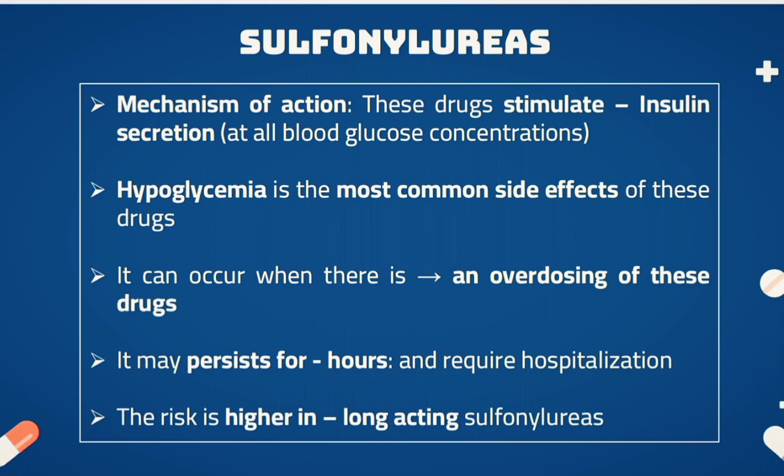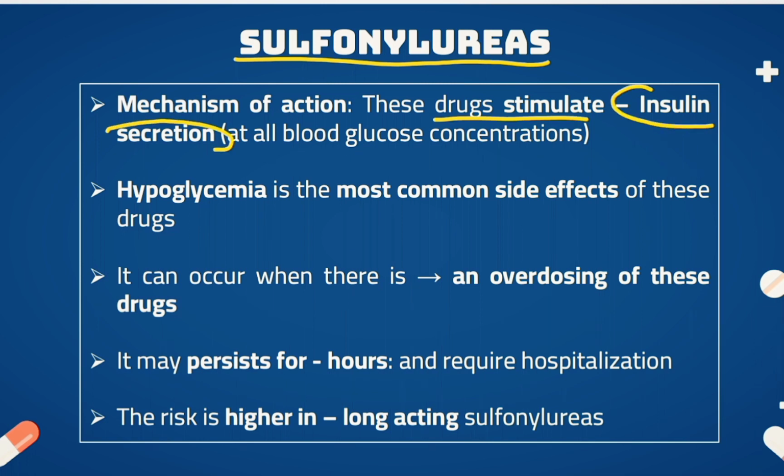Let's discuss the condition of hypoglycemia with sulfonylurea drugs. What is the mechanism of action of this drug? These drugs stimulate insulin secretion, and this insulin secretion takes place at any blood glucose concentration.